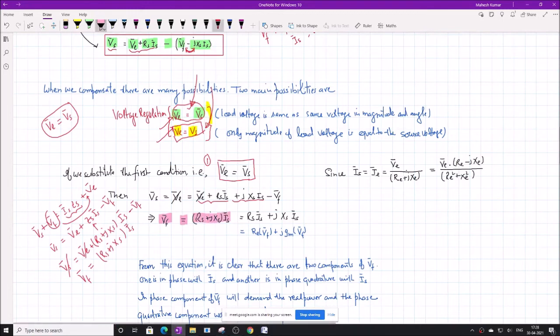So you can see it here, VF is equal to RS plus jXS into IS. The same equation is being written here. If we separate these terms, then you will see that there are two terms, RS into IS plus jXS into IS.